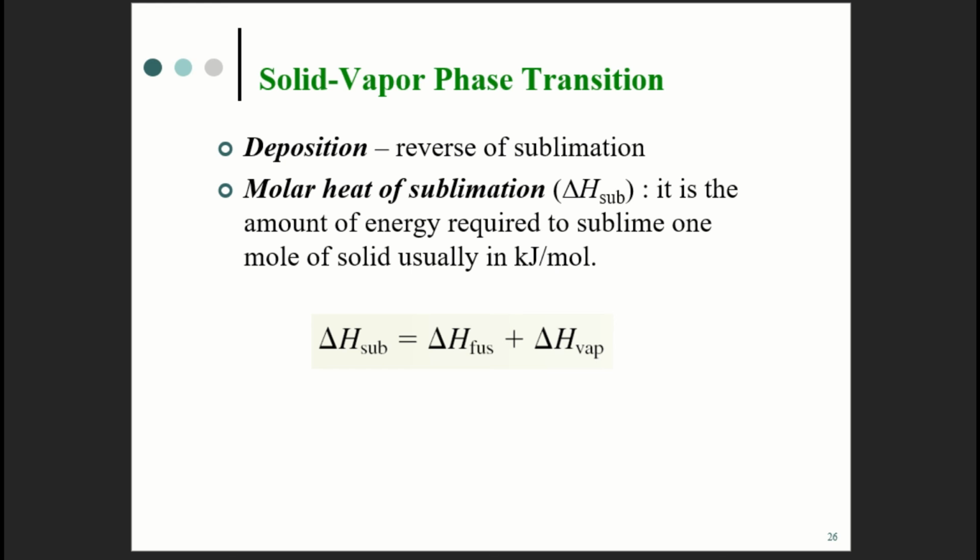In short, we find the heat of fusion and the heat of vaporization to compute the heat of sublimation. And since deposition is the reverse of sublimation, the value for deposition is just the negative. So that is the sublimation and deposition phase transition.